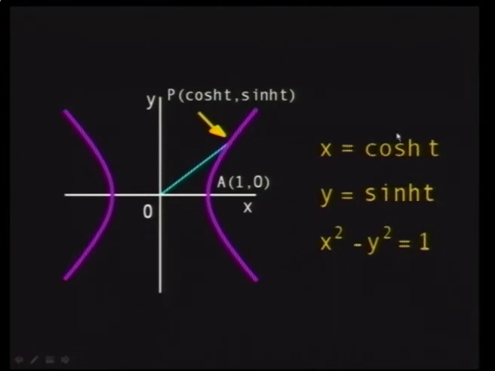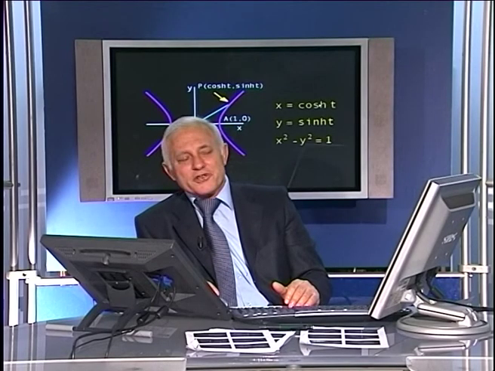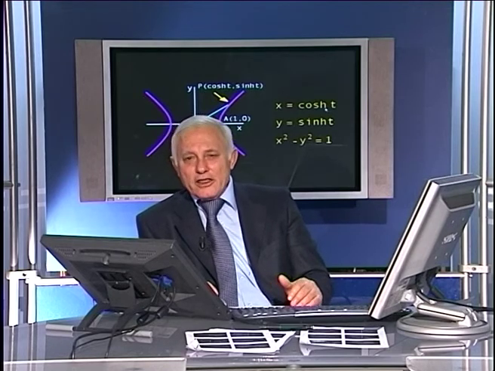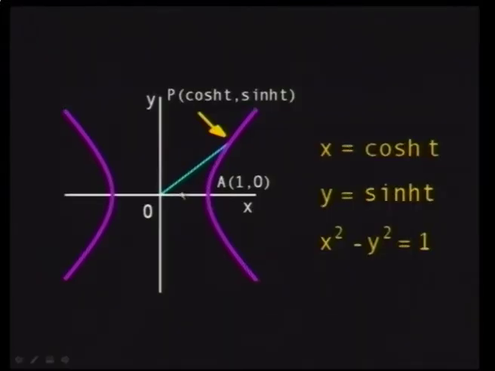So there, t in the circular functions represents the angle which the radius makes with the x-axis in the circle, whereas here t represents double this area, this small bit looking like a triangle. Double this area is t.